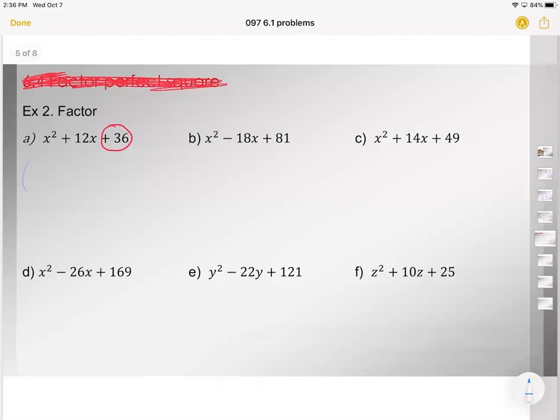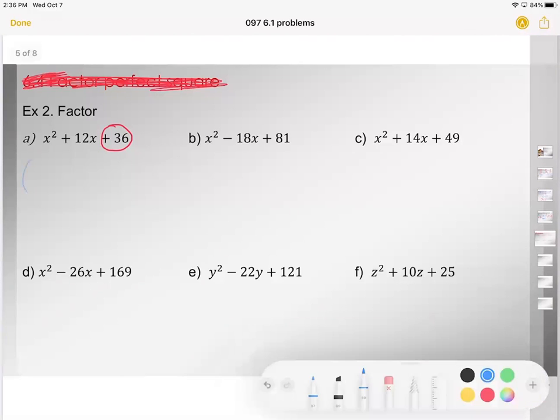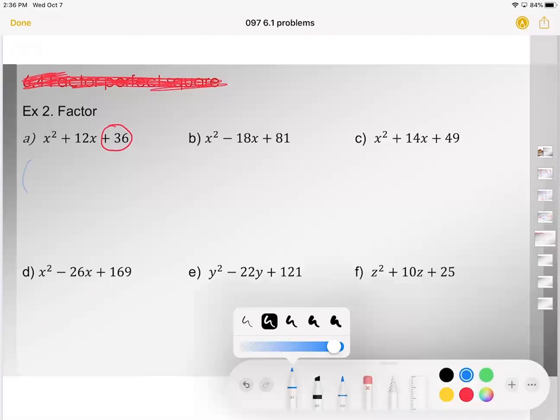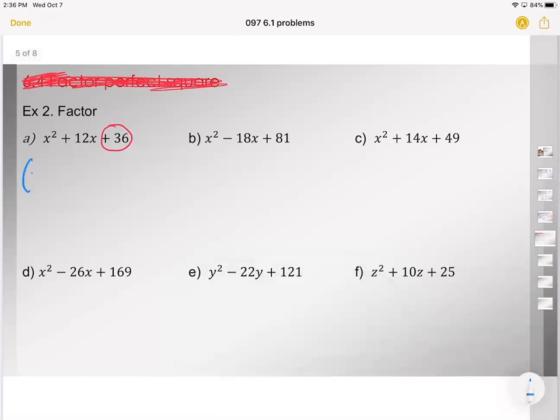Well, do you agree that 6 times 6 is 36, and 6 plus 6 is equal to 12? And if they add together, they have to have the same sign. In this case, positive 6 times positive 6 is positive 36, and 6 plus 6 gives me a positive 12.